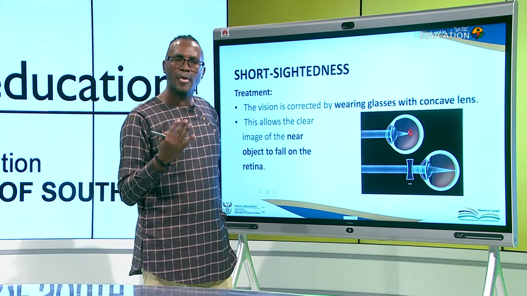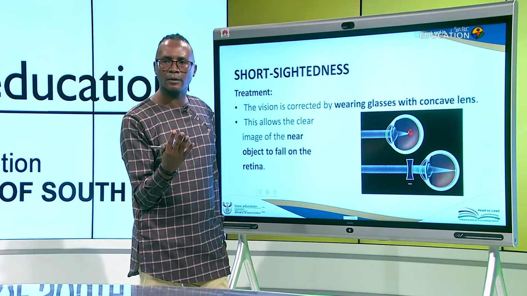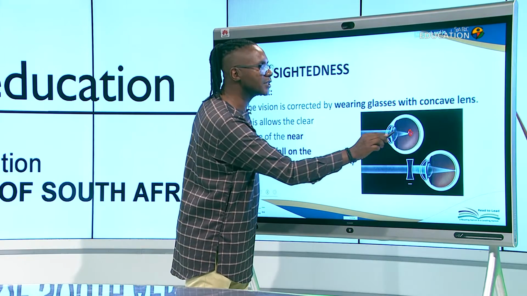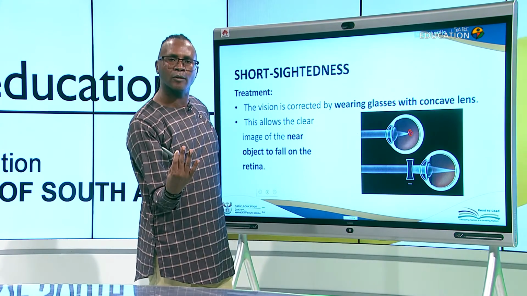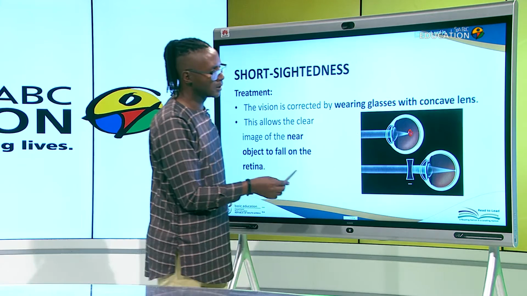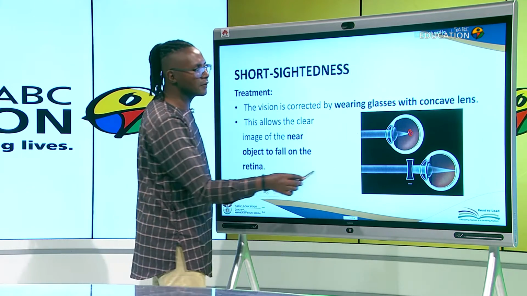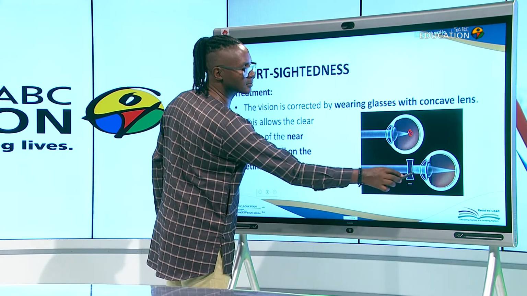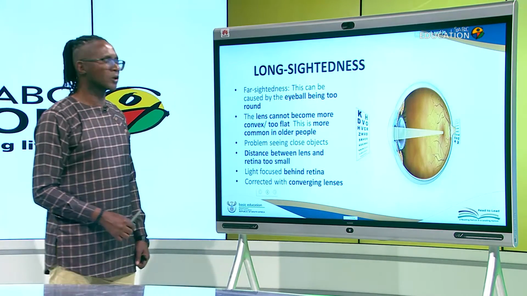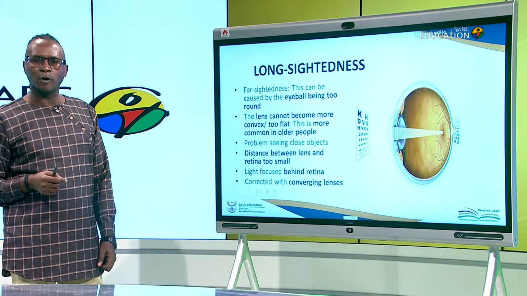I can't see them, but I can see objects that are nearer. It's because the image is falling in front of the retina instead of on the retina. Now, I'm supposed to be given concave lenses so that the image should fall on the retina.